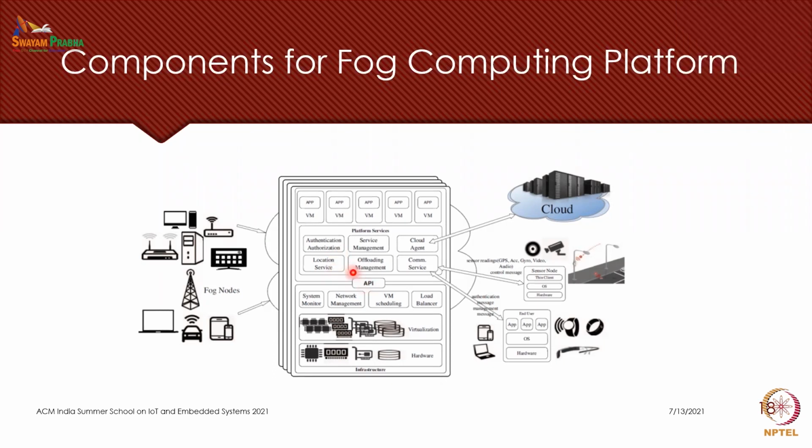One important thing that I would like to point out here is something called offloading management, and this is a very crucial functionality that a fog node needs to have.